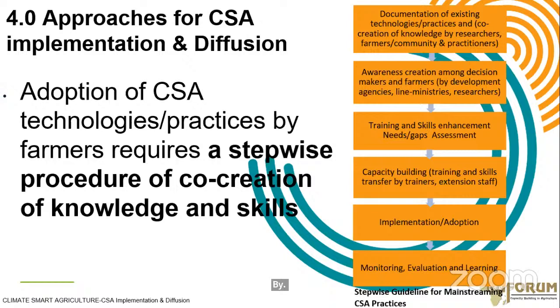But then one expects that during adoption or implementation, there should be monitoring and evaluation to be able to generate some learning and lessons that then also are factored in to make adjustments and improve on these approaches. So there's some feedback loop that goes back to the very beginning and is ingrained into the same process again.